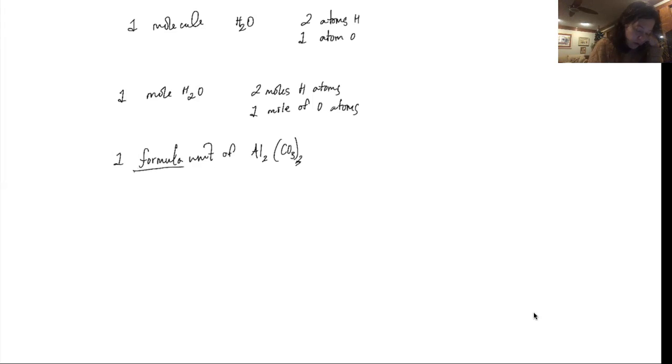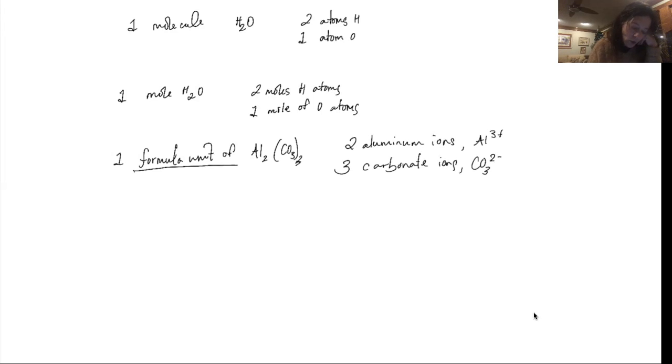So in one formula unit, one of the smallest pieces we had, we would have 2 aluminum ions, right? That would be Al3+. We would have 3 carbonate ions, right? So we would have charged particles in there.